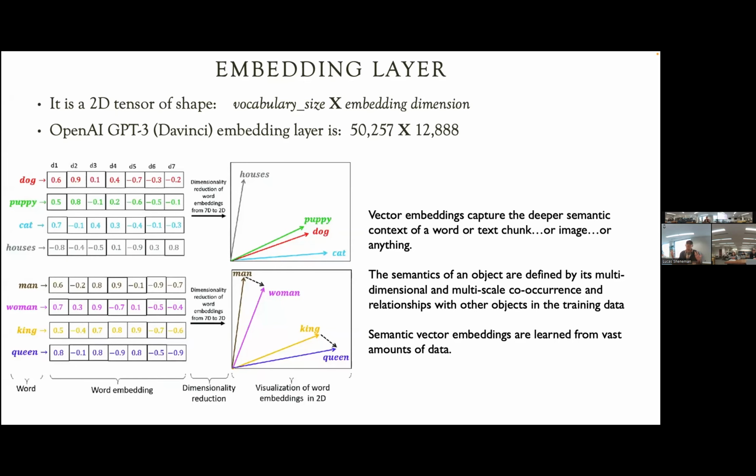GPT is trained on huge swaths of the internet and all the books and everything like that, so it needs a big embedding vector. In the last talk, I talked about the CLIP model that just takes images and text and creates embedding vectors.